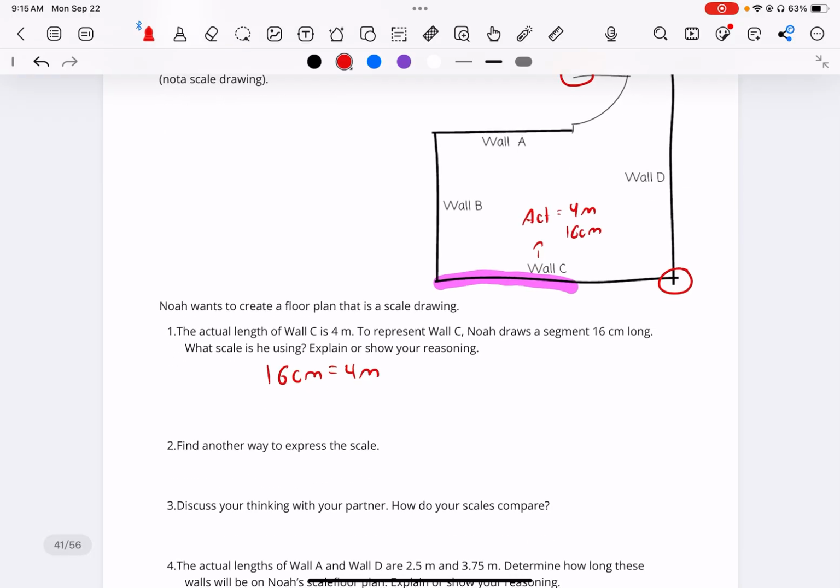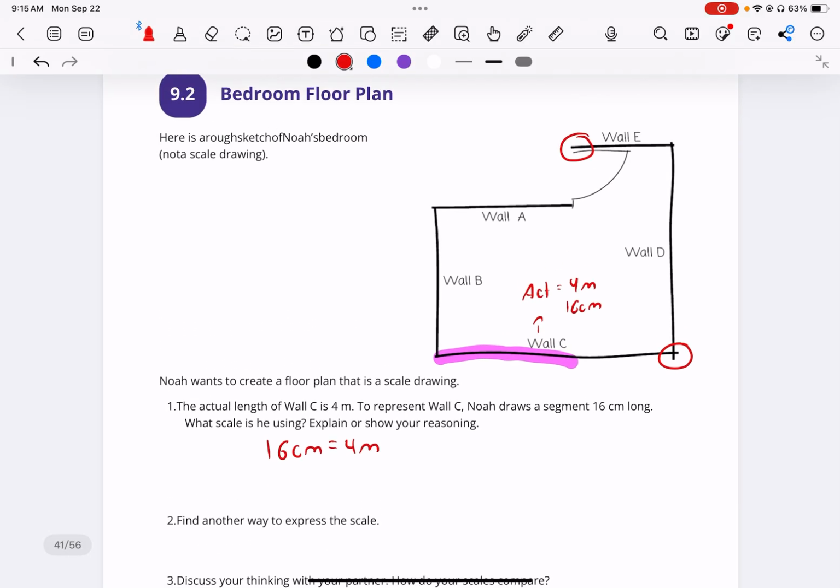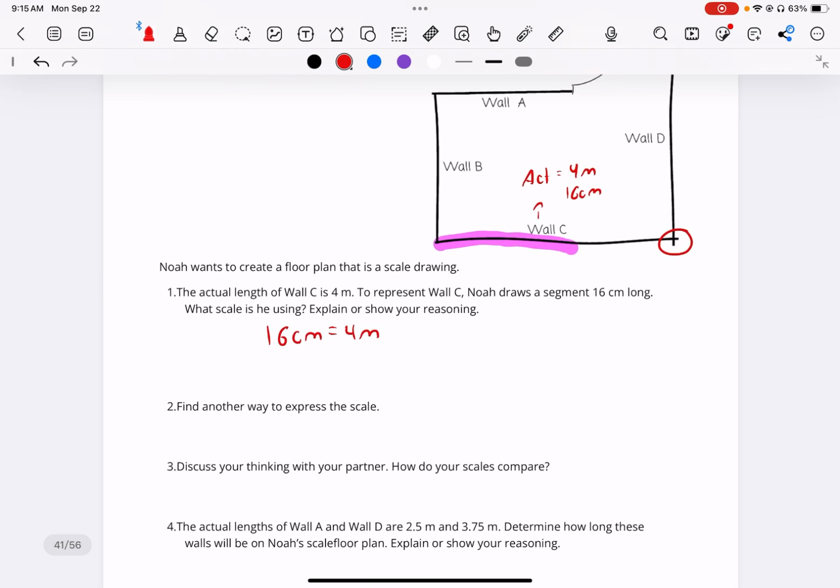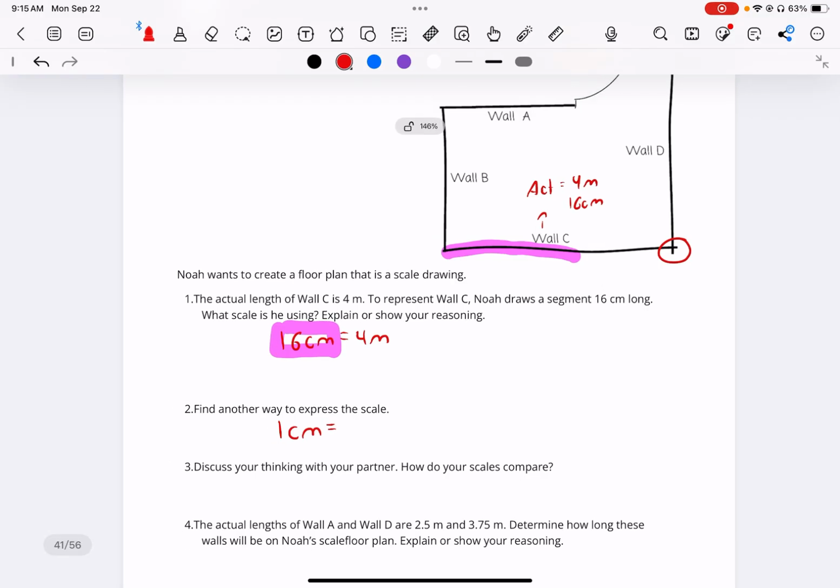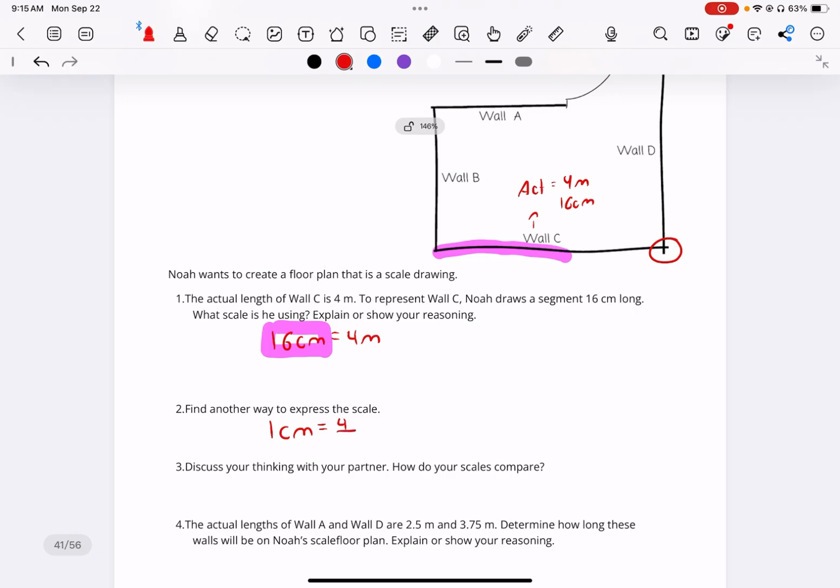If we want to express this in another way, it's always best when you have a scale drawing to have your scale in terms of 1 unit. So we want to see what 1 centimeter is. 1 centimeter would be equal to 4 divided by 16, which simplifies to 1/4 of a meter.